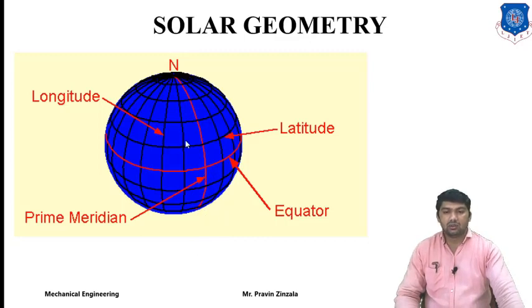Similarly, the distance between two points with respect to the meridian is called longitude. So with latitude and longitude we can specify the location, and also find the solar radiation.